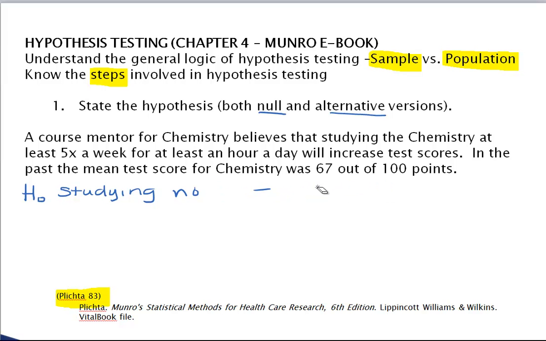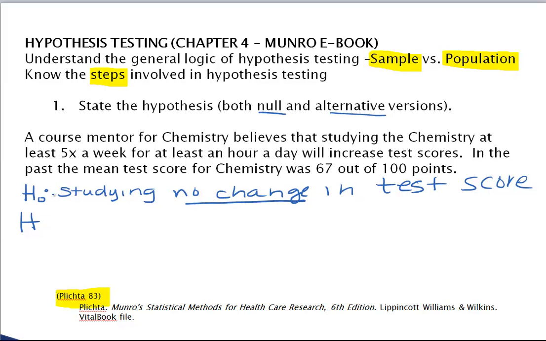No change, right? No change. And then the alternative. So the null means no change. The alternative hypothesis means that there is a change.